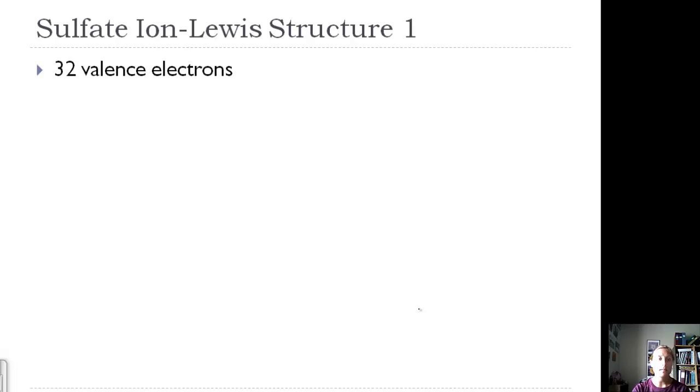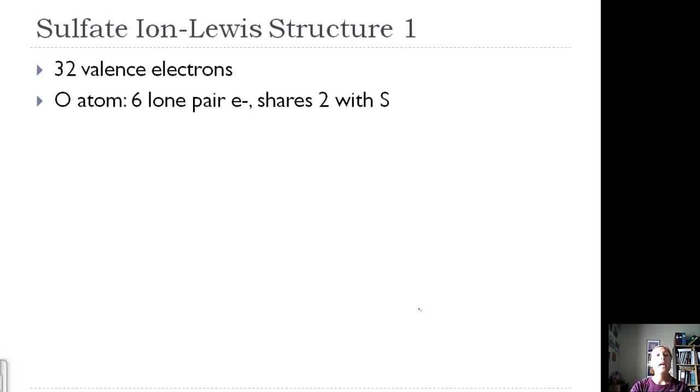Okay, so we talked about this sulfate ion. Let's look at its several different Lewis structures. Every Lewis structure for sulfate is going to have 32 valence electrons, first of all. It's just, how are they being arranged? And where this becomes more difficult is because sulfur is, I believe, a period 3 element, and so it can accommodate more. Okay, so first let's look at that single bonded structure.